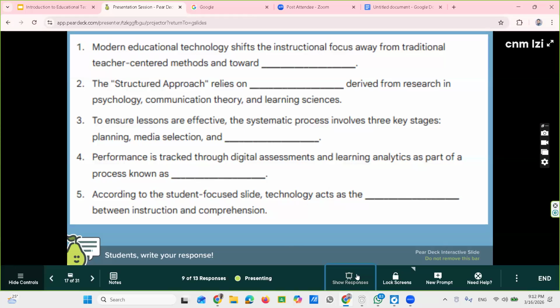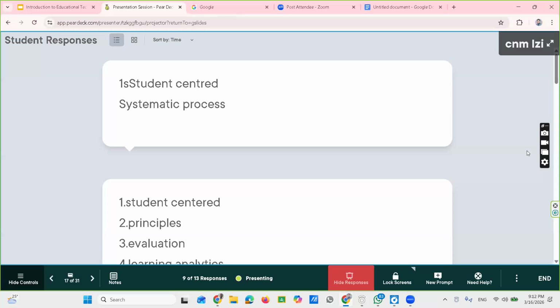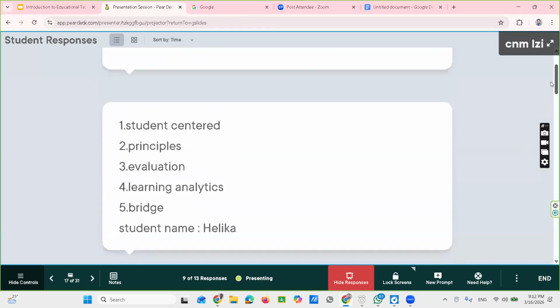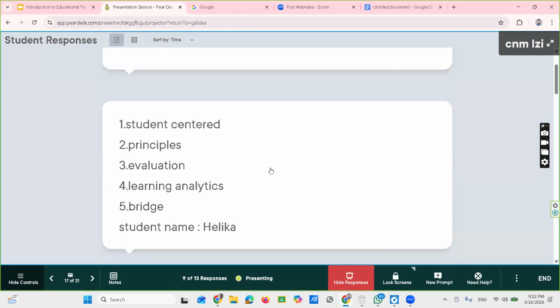What's the process? That's also clear. Right. Earlier we discussed. Then the answer, learning analytics, right? Your answer is learning analytics, not learning analytics. Right here, it should be continuous evaluation. Right? Continuous evaluation.